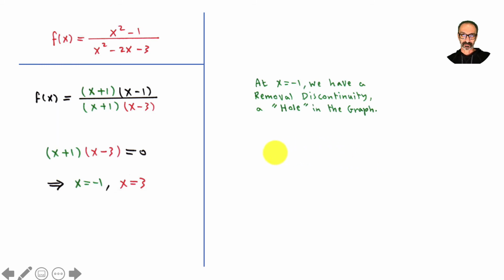Now what do we say to close this problem? I'm not writing much here because we know enough to see it clearly with colors. At x equals negative 1, the green one tells me x equals negative 1 is a zero. We have a removable discontinuity, there's a typo right here, which is a hole in the graph.